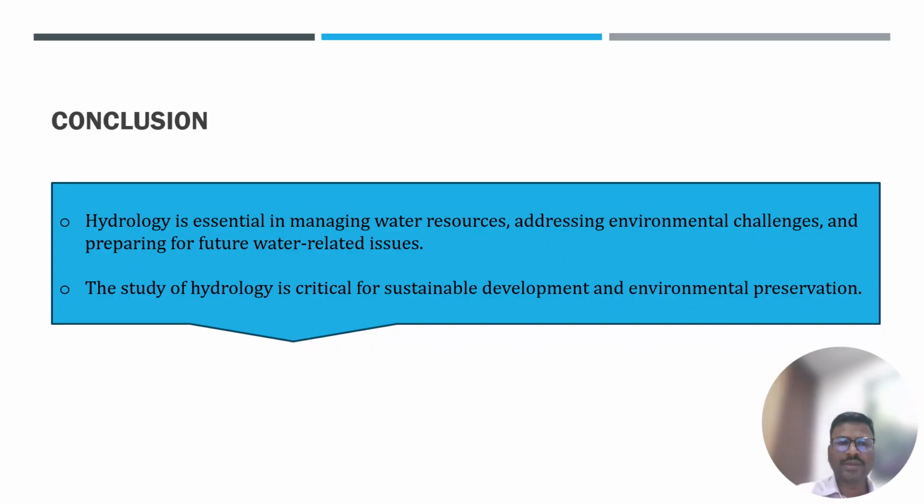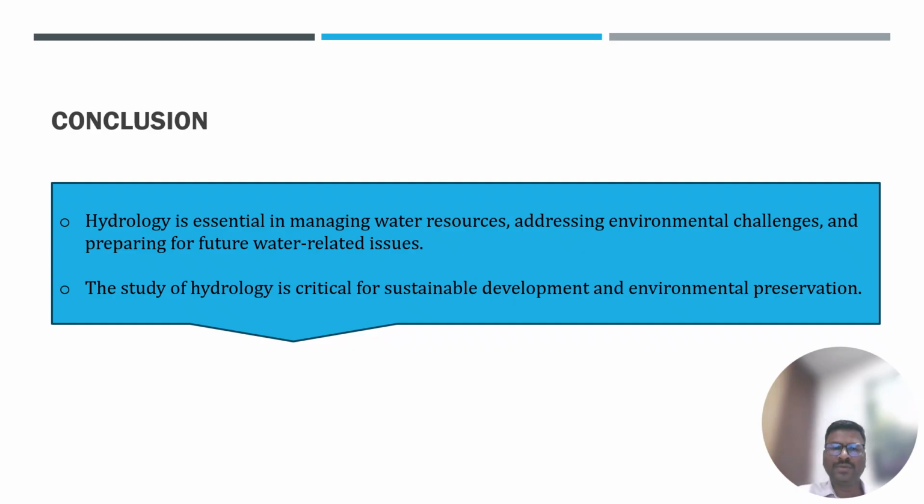So in conclusion, hydrology is essential in managing water resources, addressing environmental challenges, and preparing for future water related issues. The study of hydrology is critical for sustainable development and environmental preservation.